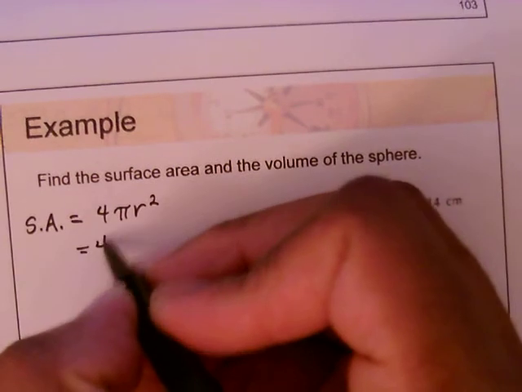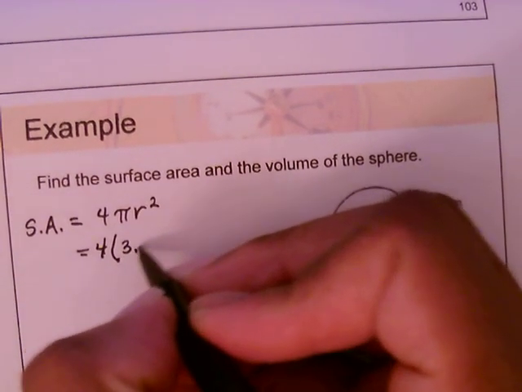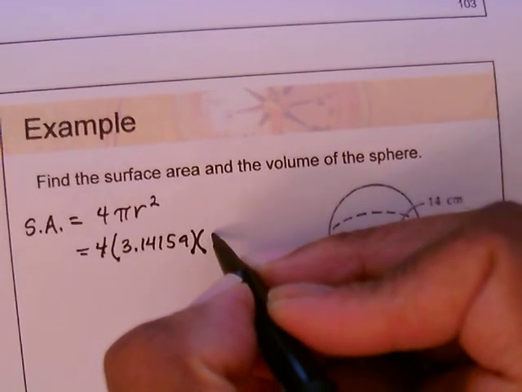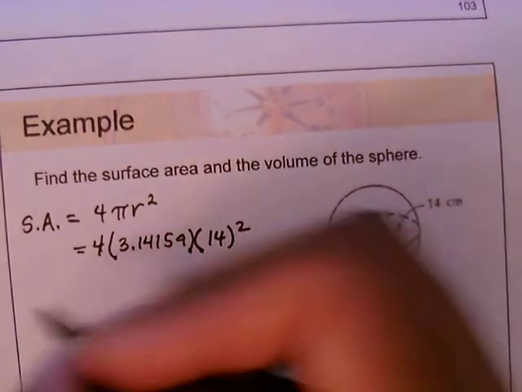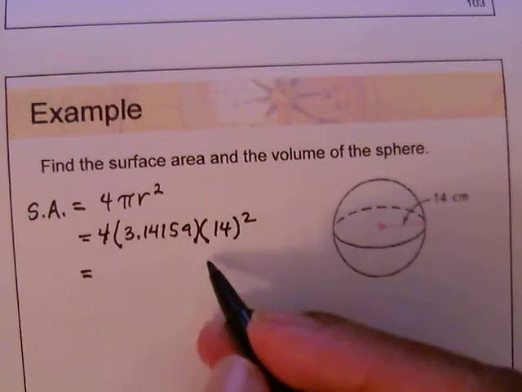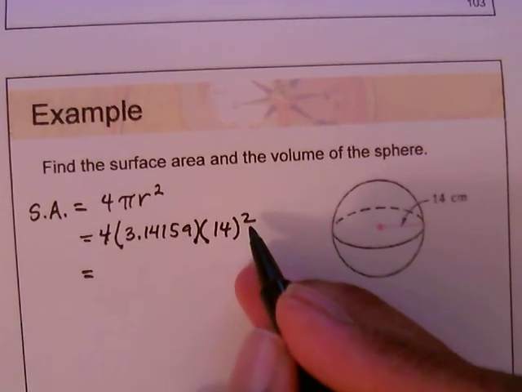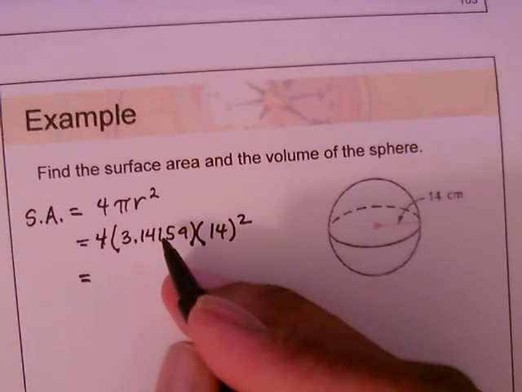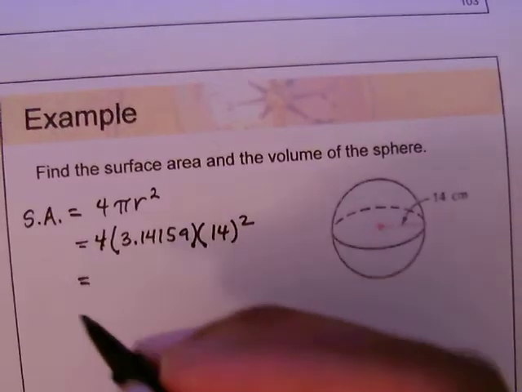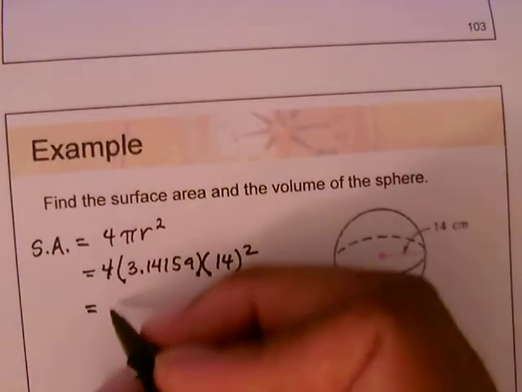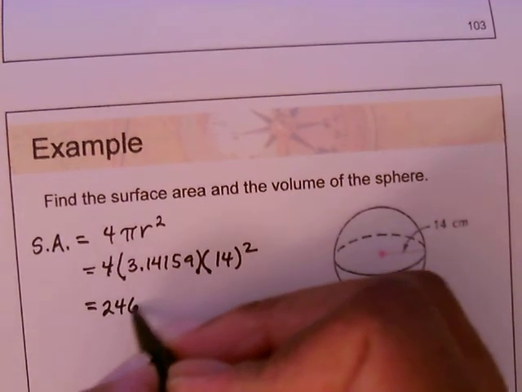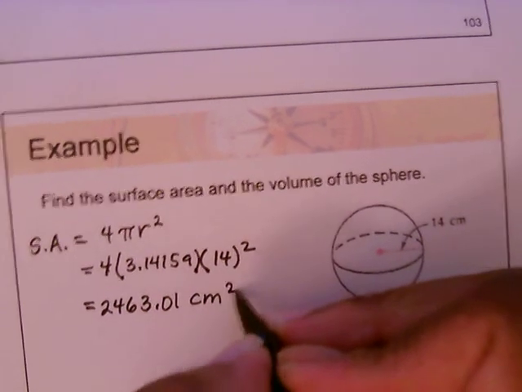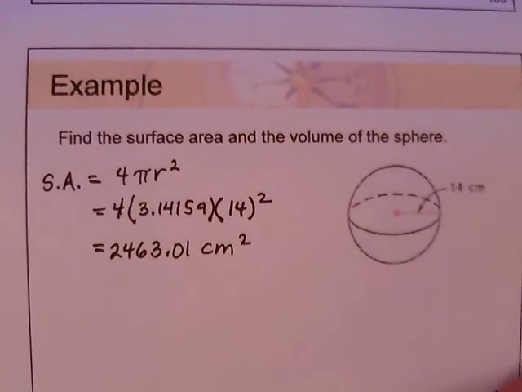So I have 4 times 3.14159 times the radius, which is 14, squared. 14 squared is 14 times 14, that's 196. So if you take the 196 times the 3.14159 multiplied by 4, this will be approximately 2,463.01 square centimeters. Keep in mind the area is in square centimeters.